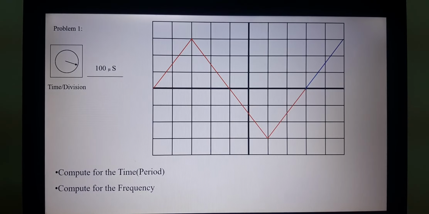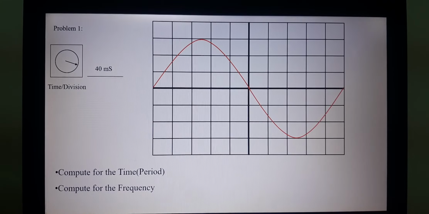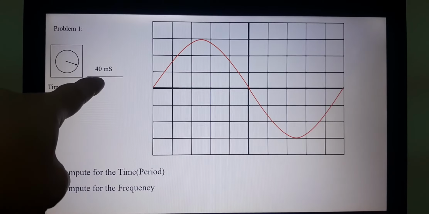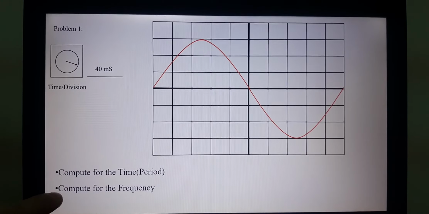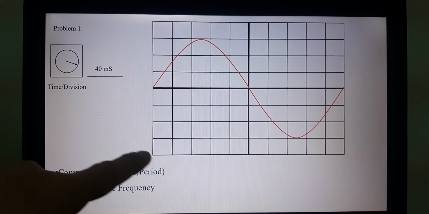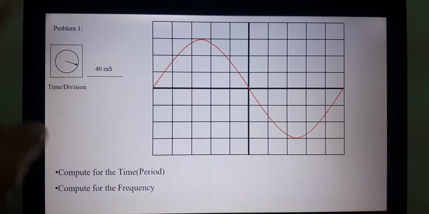Okay, another problem, then another problem. Let me go back to the first problem. The time is set to 40 milliseconds. You need to compute for the time or period, then compute for the frequency. All the information needed to compute this problem was discussed a while ago.